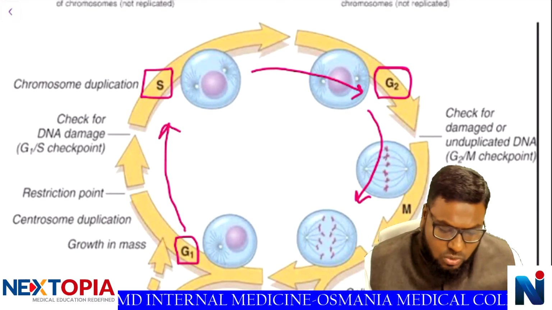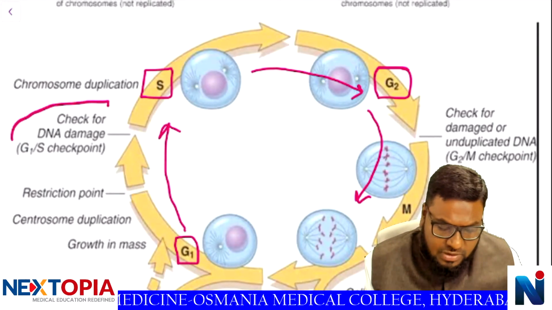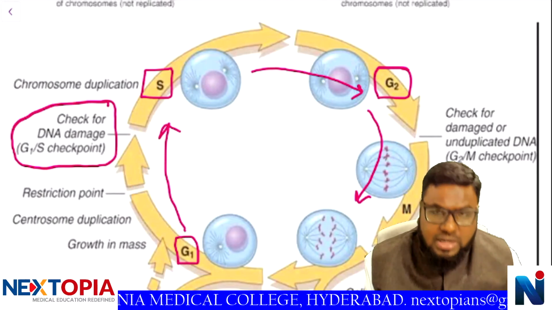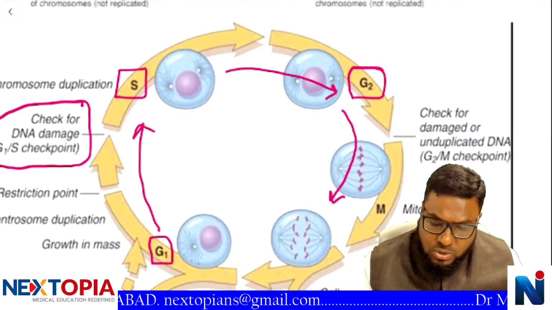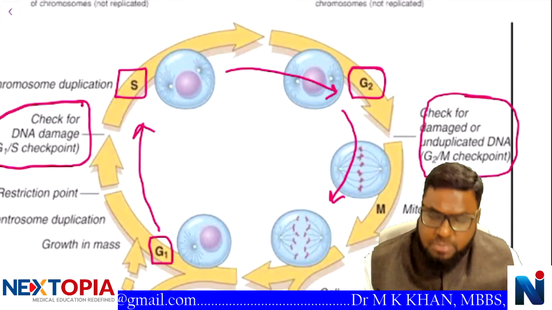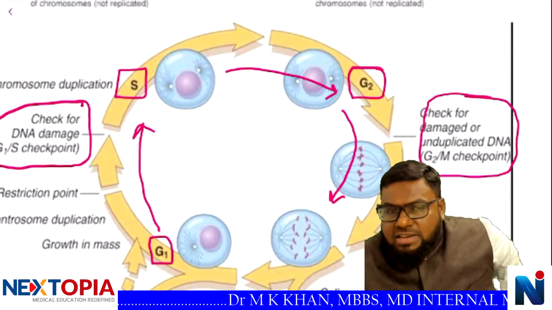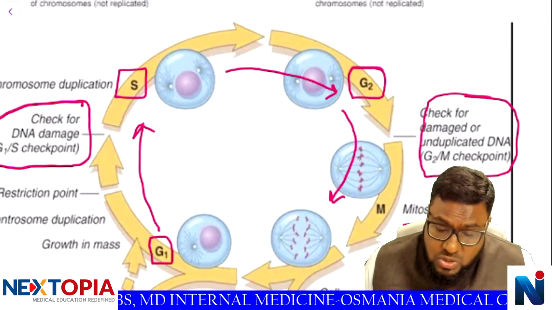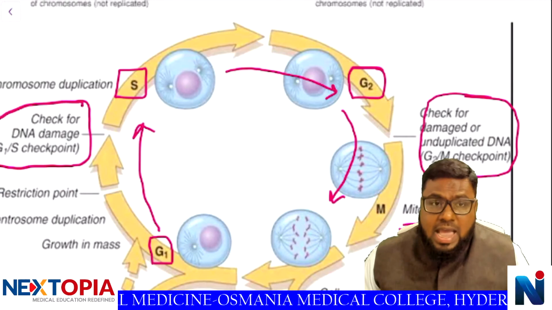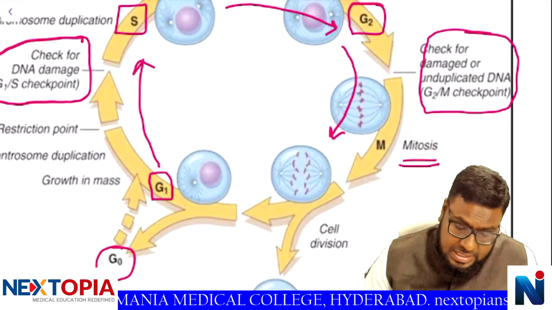Here we have two important checkpoints. There is one checkpoint for DNA damage, we call it the G1S checkpoint, and the second checkpoint is the G2M checkpoint. At these two checkpoints, if there is abnormality, then the person may develop genetic disorders related to chromosome damage, and this results in serious genetic disorders.